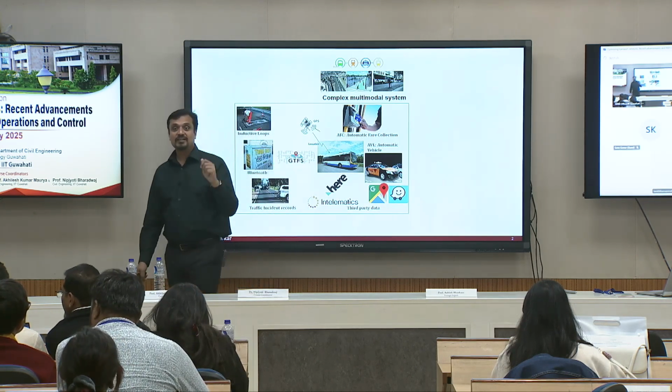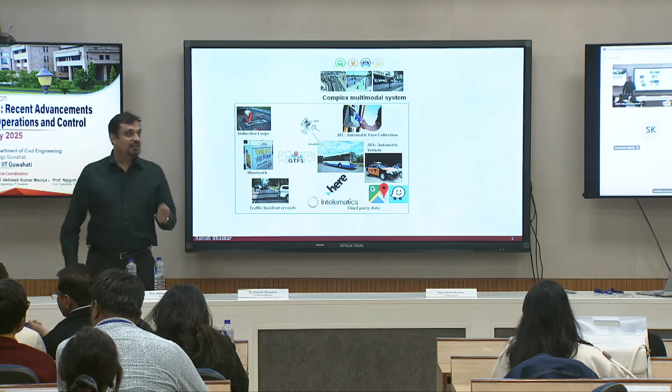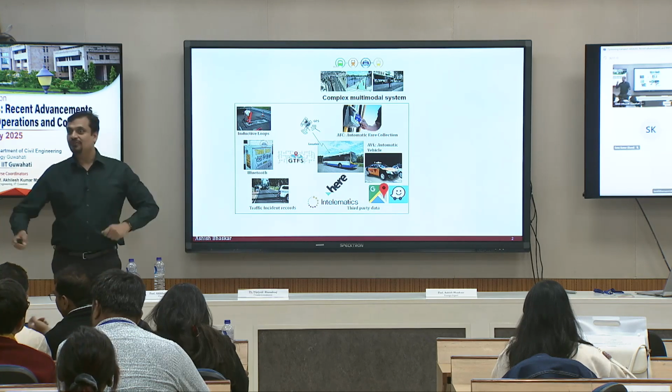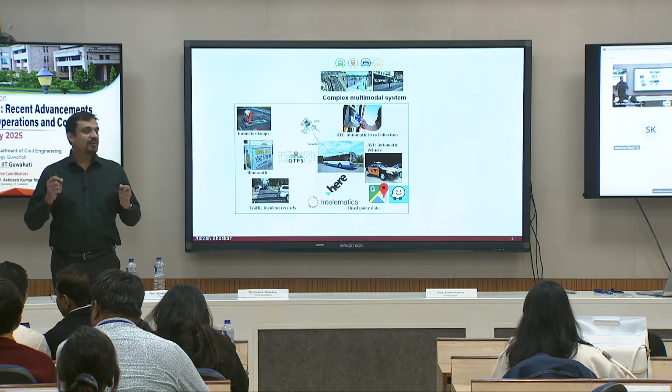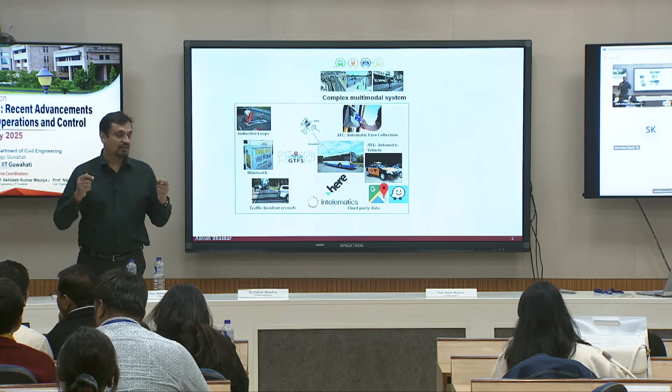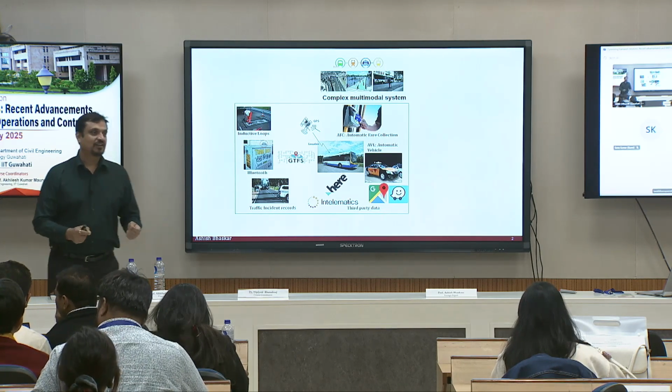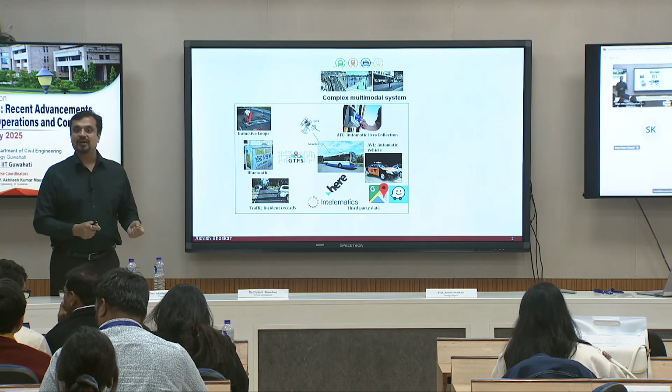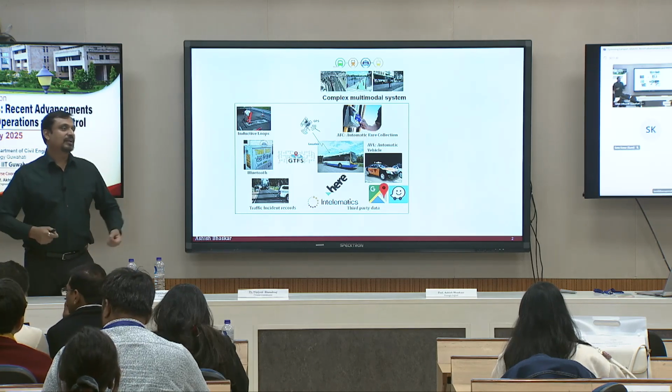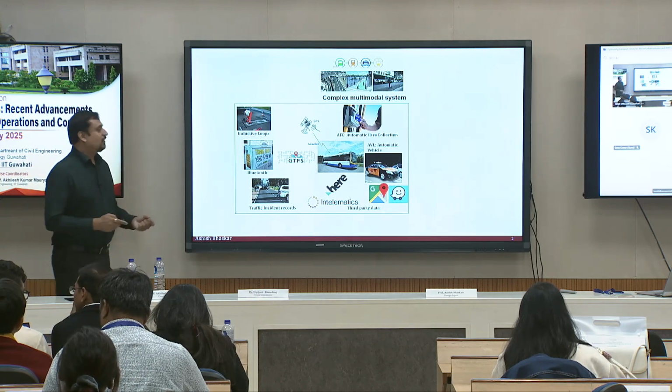Public transport smart card is a very important data source. Each time you touch on and you touch off, you are sharing very valuable information with the public transport agency. They can use that information to better manage the public transport network. So that data is available.